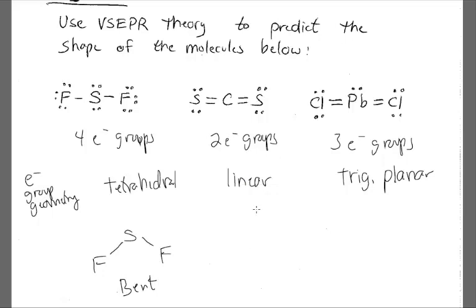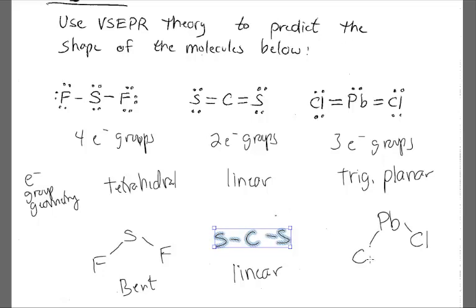This one has 2 groups. They spread out 180 degrees. Both groups are bonds, so we have a linear shape, and I'm just drawing the shape here. So that's linear. I'm not drawing the actual bonds. All right, and this one has 3 electron groups, but one of them is a lone pair, so only 2 of them are bonds. So this one also turns out to be a bent shape.